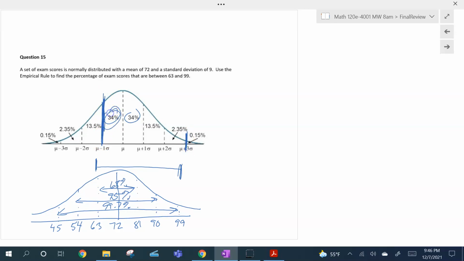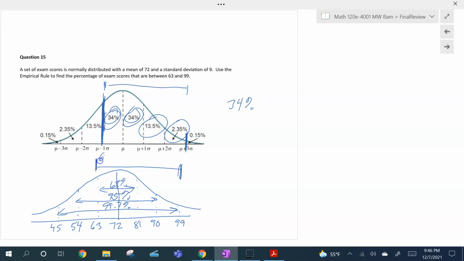So I'm going to add 34 plus 34 plus 13.5 plus 2.35. So 34% again from here to there, right?